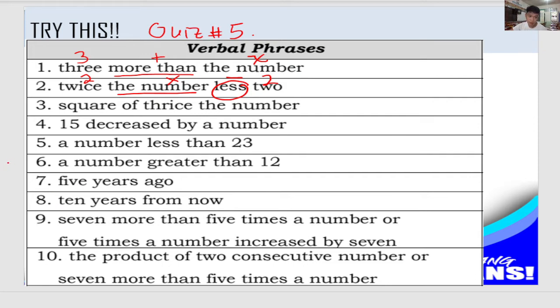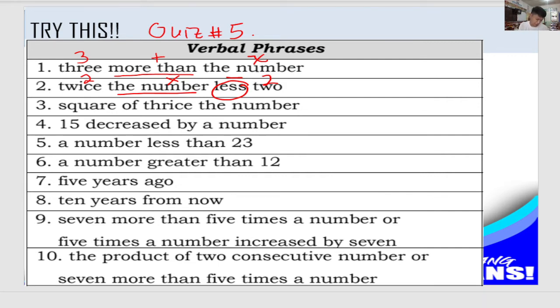So, a number greater than 12. So, that is 12. Greater than is plus. A number is x. So, we are going to write it backwards. 12 plus x. Okay? Next, 5 years ago.